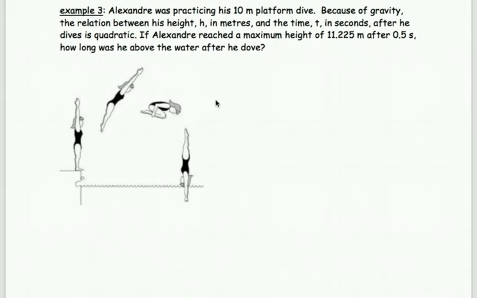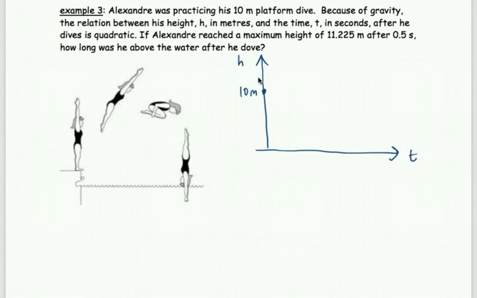Let's draw a diagram to label everything that we know. This person is jumping from a 10-meter platform here, so let's place it right there. That's 10 meters, so that's the height, and we're looking at time passing.